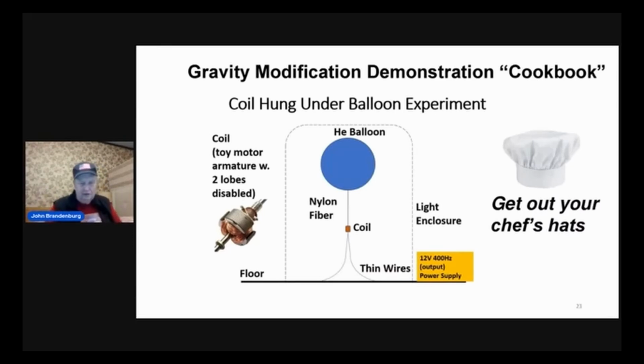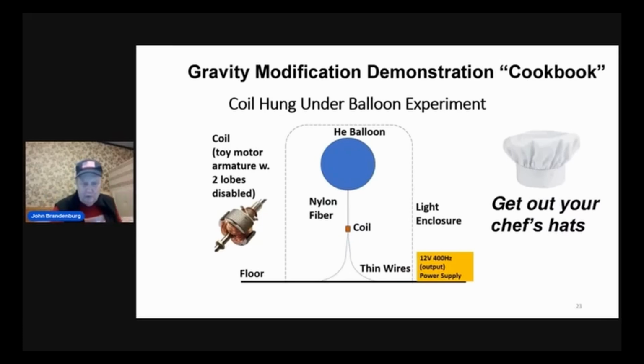Build a little enclosure. We took a 3-lobe armature and disconnected 2 of the lobes, so there's just 1 lobe active, and then we powered it by thin, insulated copper wires. And we hung the whole thing beneath a balloon inside a light enclosure to shield it from air currents.